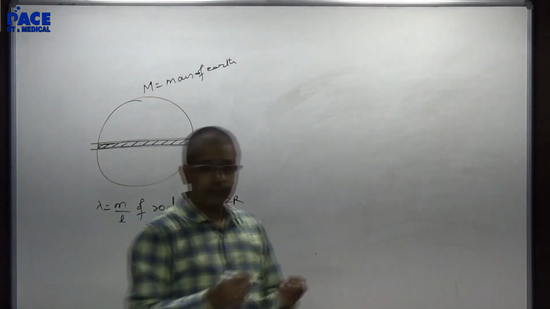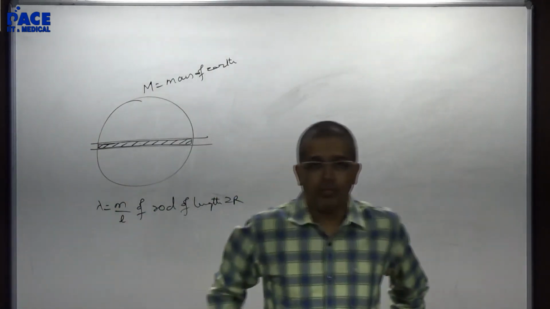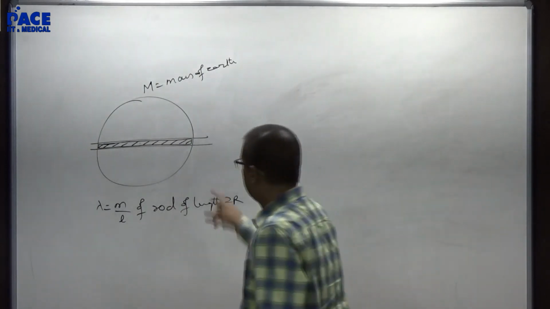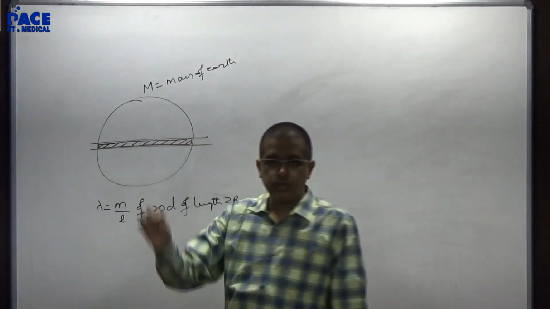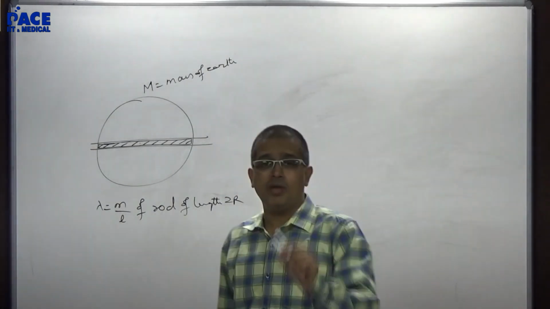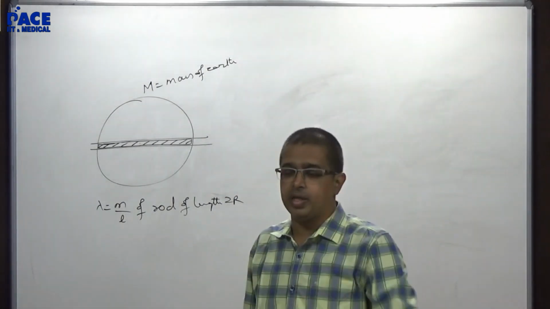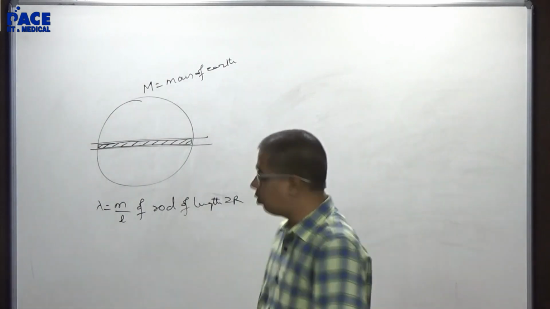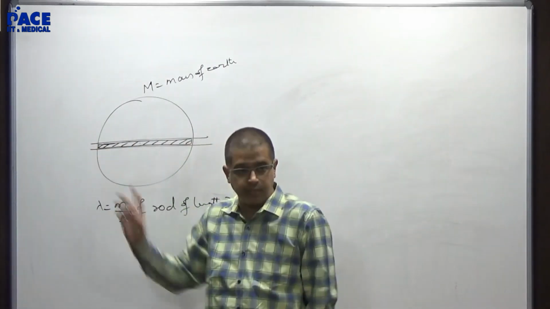Now listen, a very typical problem from Morin says, a tunnel is dug through the diameter of Earth. What we solved is a point mass dropped from the north pole of the tunnel, which will go to the south pole and perform SHM.